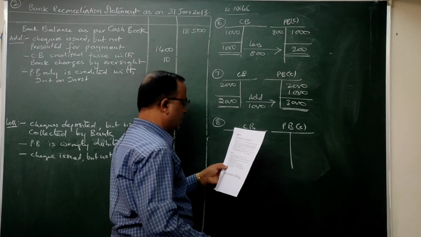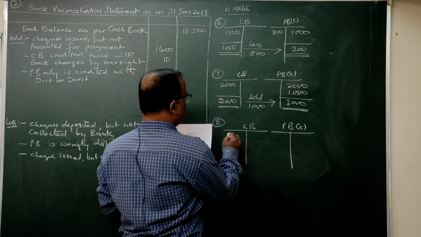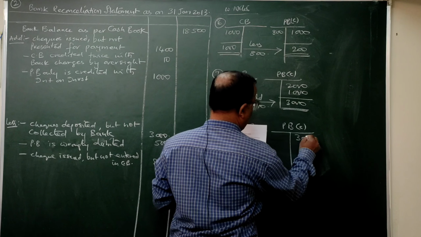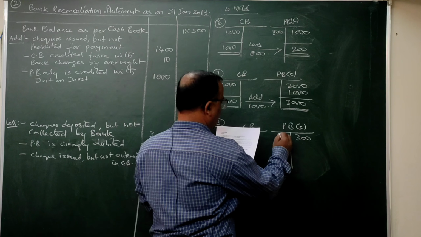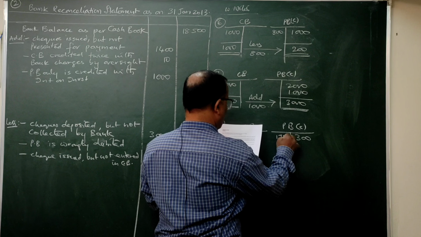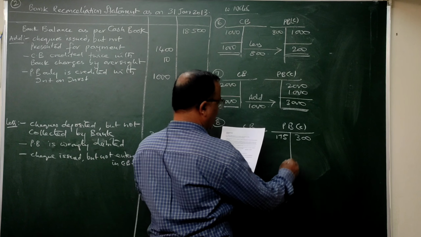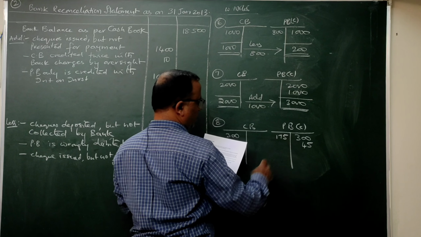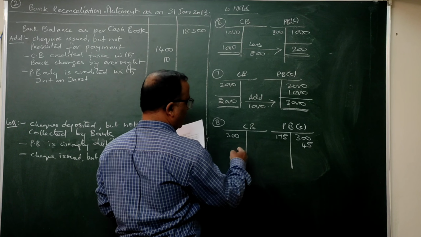Now observe here. Let's take a minimum balance of some 300 rupees. 175 is debited for insurance premium and 45 rupees is credited towards interest in the passbook. These are not appearing in the cash book.